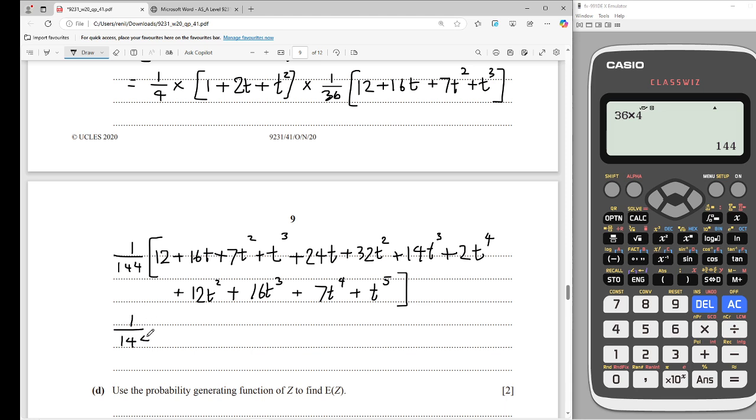So we have gx(t) as 12 plus 16t here, 24t here, which totals 40t. Coefficients of t squared sum up to 7 plus 32, which is 39t squared, plus 12 equals 51t squared.